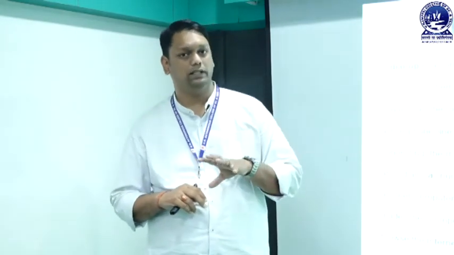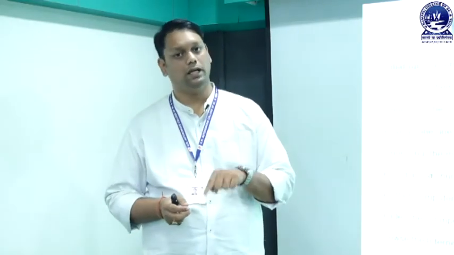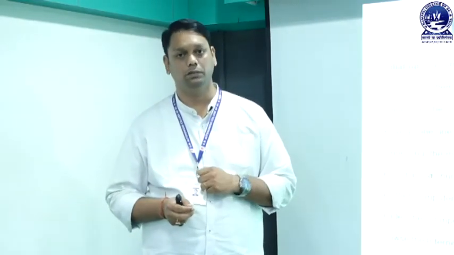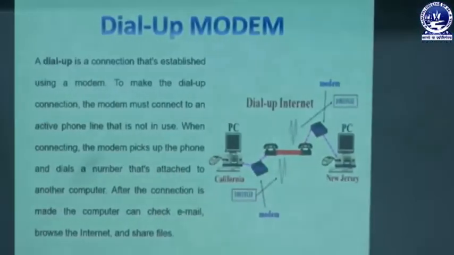For a dial-up connection, we need a dial-up modem. That means the modem is different for a dial-up connection and for a broadband connection. The dial-up modem is provided by the company from where the dial-up connection has been taken. You can clearly see the image over here, the dial-up internet.